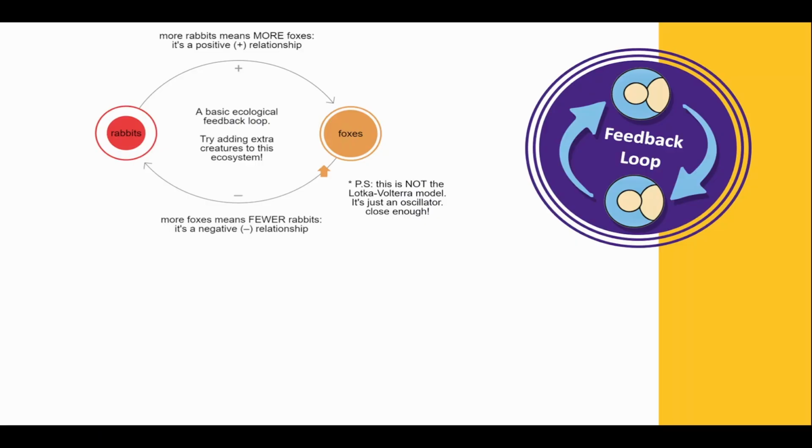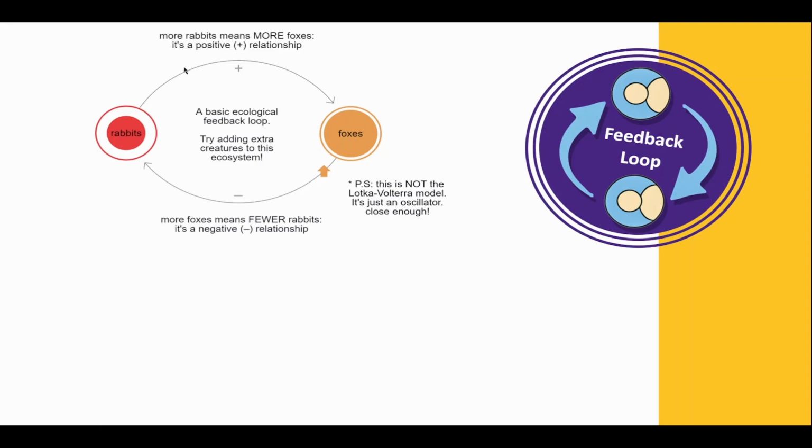Now, a simple model to show what a feedback loop is. In this case, you can see we have two players: the population of foxes shown in brown on the right, and the population of rabbits on the left shown in red.